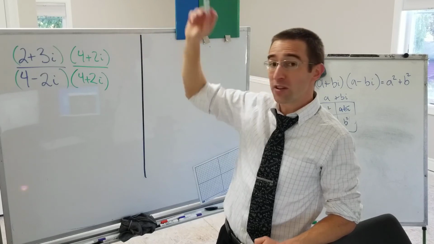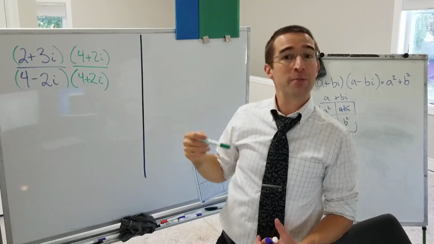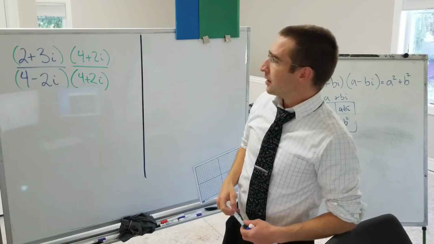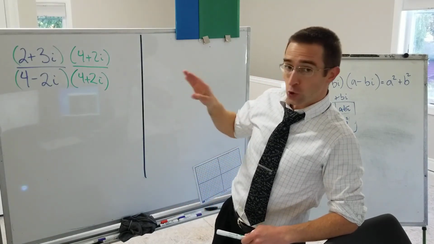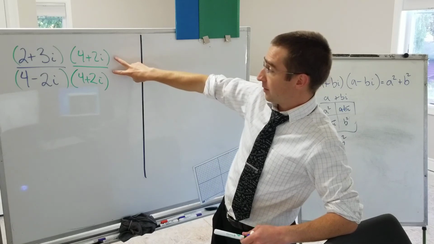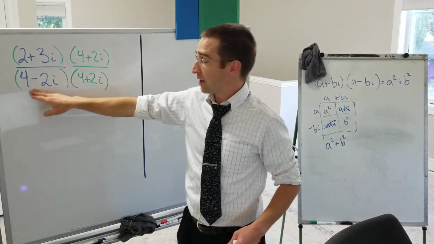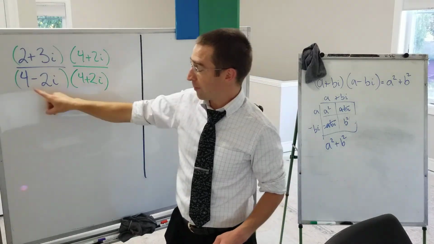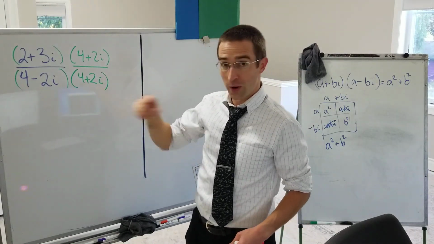So here I'm not changing the value of this quotient. I'm just making it look nicer and easier to think about. So the trick is multiply by the conjugate of the denominator over the conjugate of the denominator, right? It's 4 minus 2i, I multiply by 4 plus 2i.